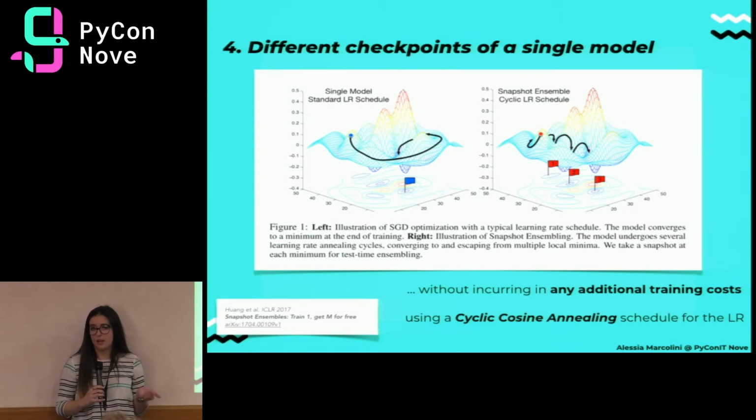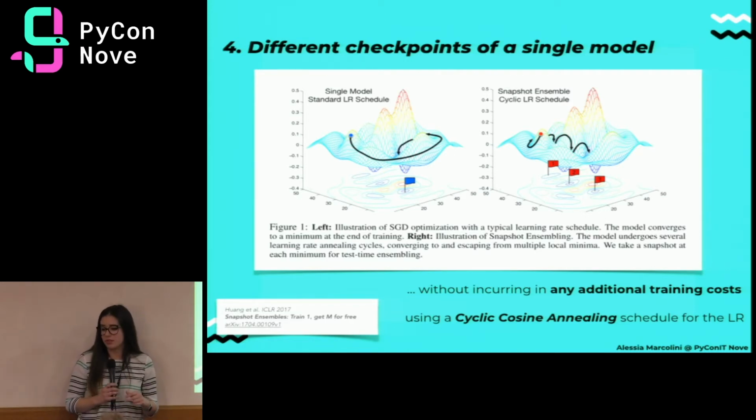Each time the model converges, we save the weights. We take the snapshot and add the corresponding model to the ensemble. We then restart the training using a larger learning rate in order to escape from local minima.